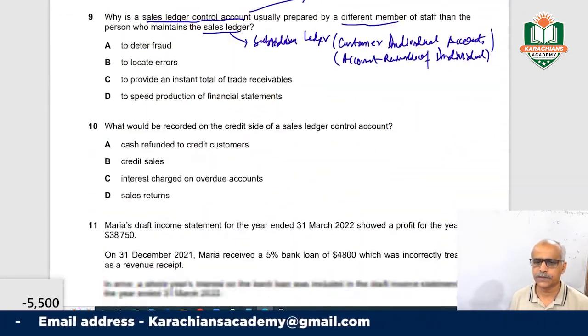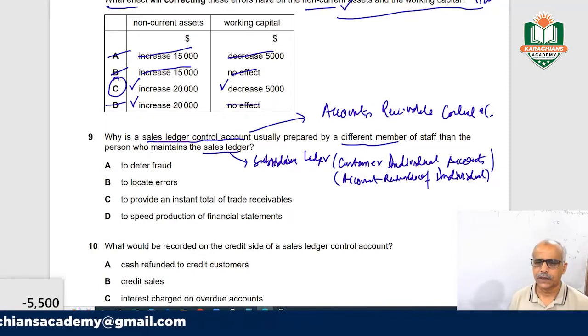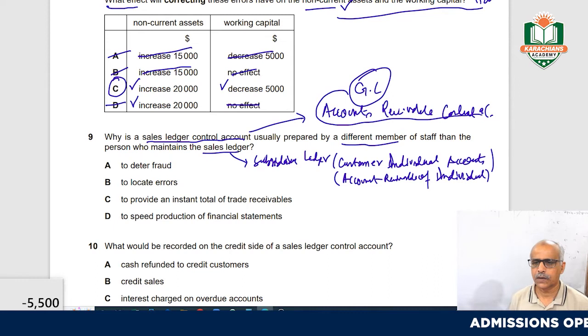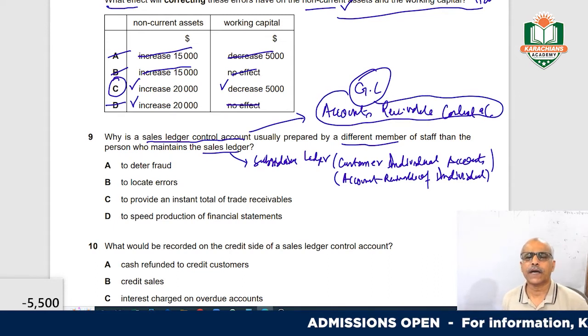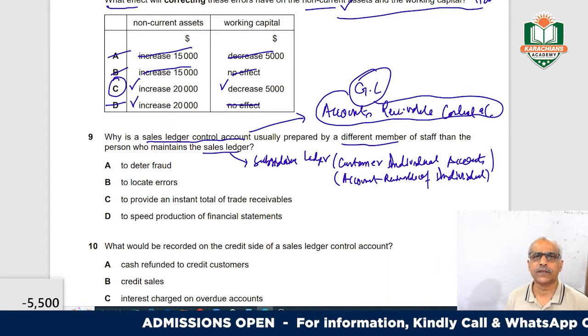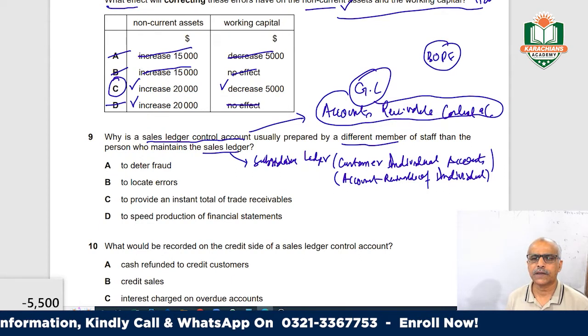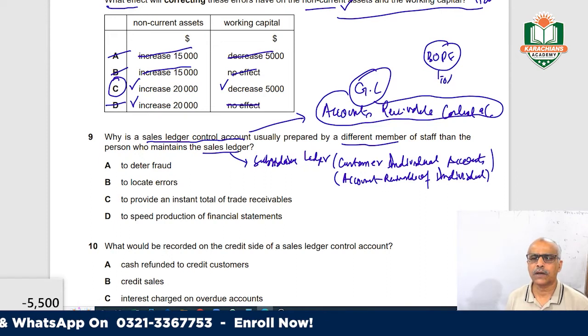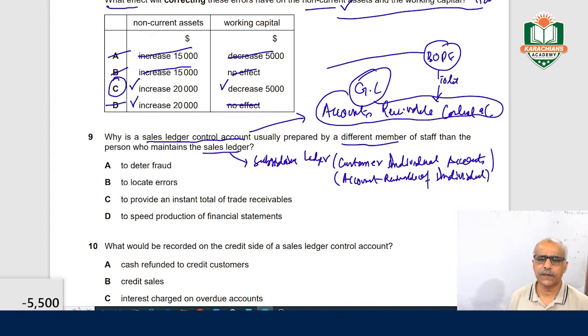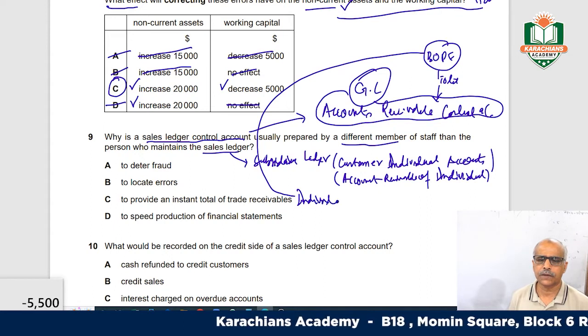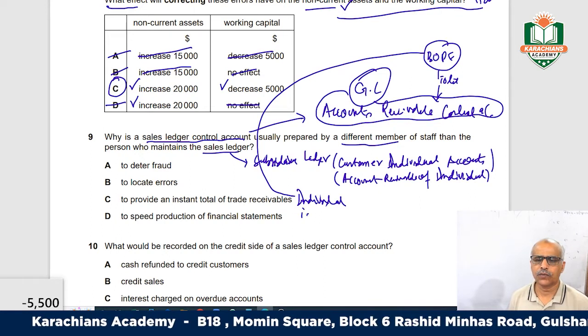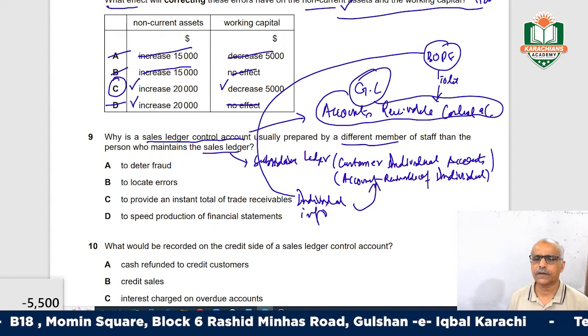All the information from the books of prime entries, the totals, are recorded here, and the individual information is recorded in the subsidiary ledger.